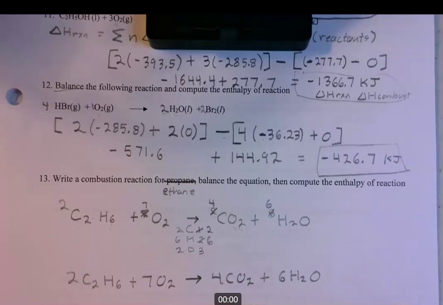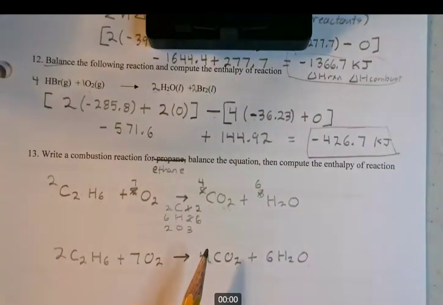Okay, let's be sure everything balances. We got 4 carbons and 4 carbons. We got 12 hydrogens and 12 hydrogens. And we have 4 times 2 is 8 oxygens, and 6 times 1 is 6 more oxygens. 8 plus 6 is 14. 7 times 2 is 14. So we have a balanced reaction.